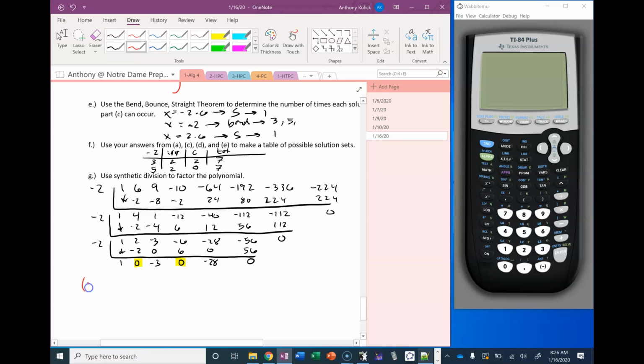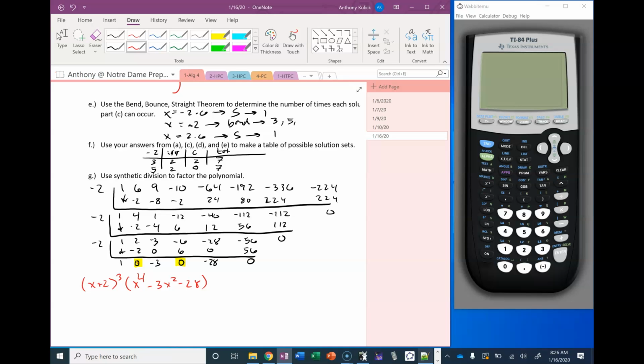If I write this out, that's my leftover polynomial. That's something that, although it's not quadratic, it is in the quadratic form. This is something I could factor like I did last semester using my factoring tree.